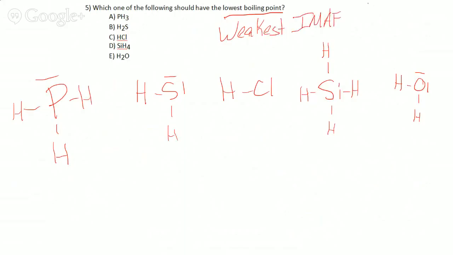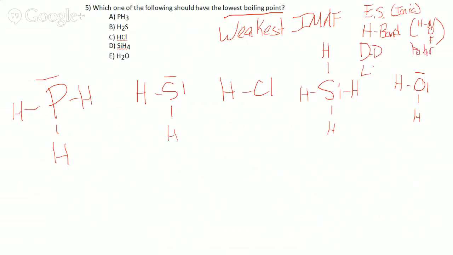Remember, in order of strength, we have the electrostatic, which would be for ionic compounds. Below that, we would have hydrogen bonding, when you have a polar molecule with hydrogen bonded to a nitrogen, oxygen, or fluorine. Dipole-dipole would be the next step down, and that's when you have a polar molecule.